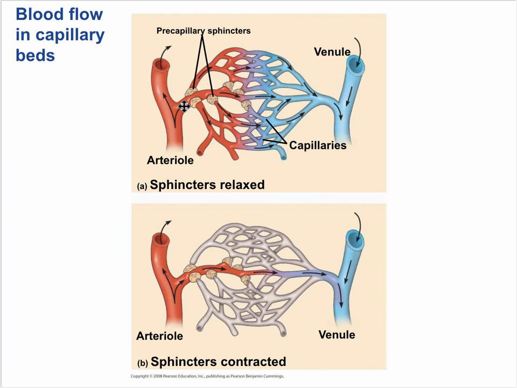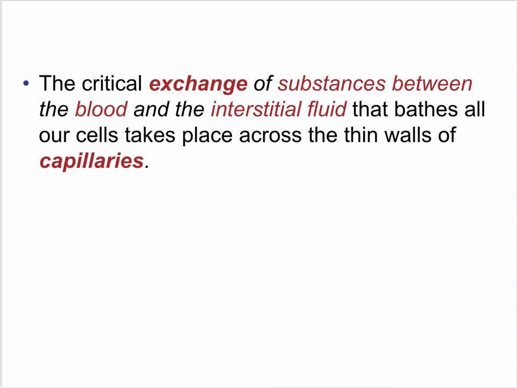For example, in my resting leg muscles right now, it might look a little bit more like this bottom part of the diagram. The sphincter muscles are contracted, and only a trickle of blood may be going through that capillary bed. But in a resting muscle, they only need a trickle of blood. So that exchange is taking place at this level in these capillary beds.